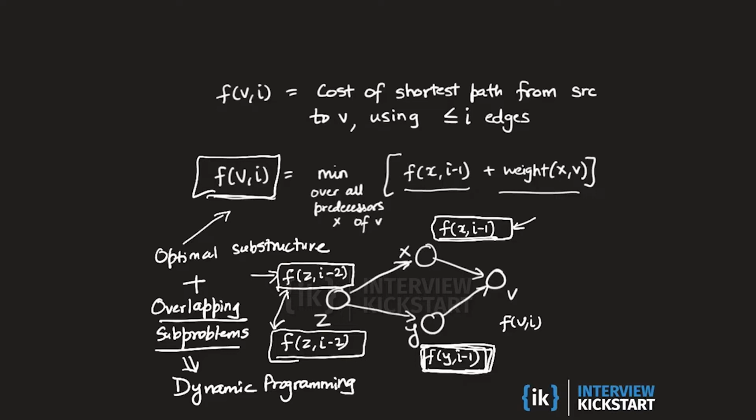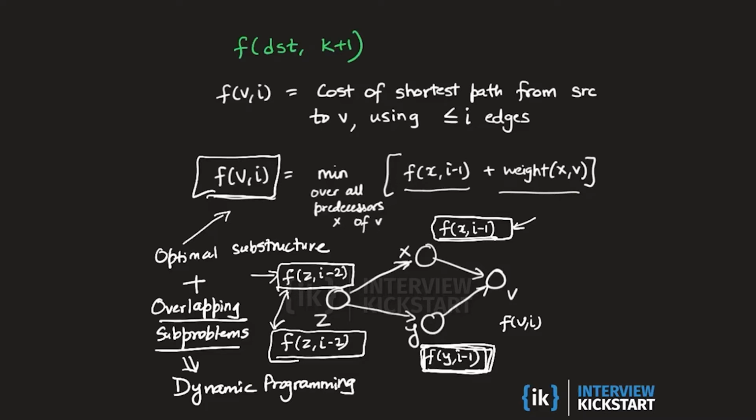So we will start from the smallest subproblems and build up the solutions to larger and larger subproblems until finally we have the value of f of destination comma k plus 1. Remember, the original problem had at most k stopovers, which means at most k plus 1 edges along the shortest path from the source to the destination.